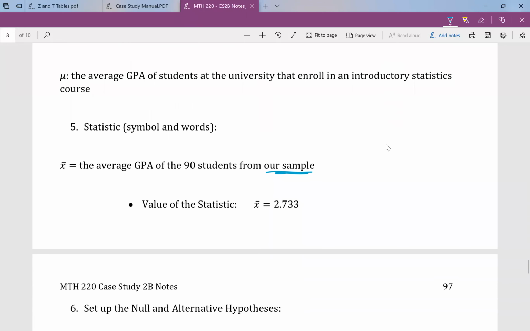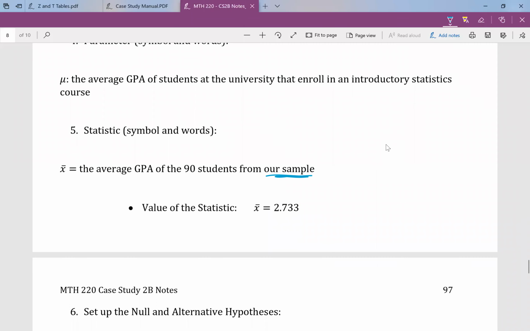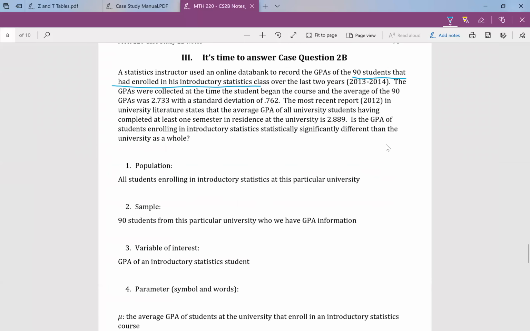All right, the next question we have is state the null and alternative hypotheses. The alternative hypothesis always comes from the question we are asking. Is the GPA of students enrolling in introductory stats courses statistically significantly different from the university as a whole? Well, then this bears the question, what is the GPA of the university as a whole? When we go back and read the problem, the most recent report in university literature states that the average GPA of all university students is 2.889.